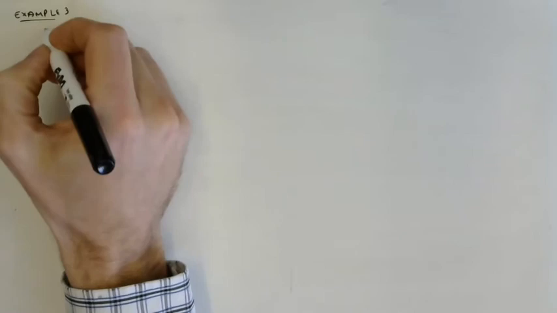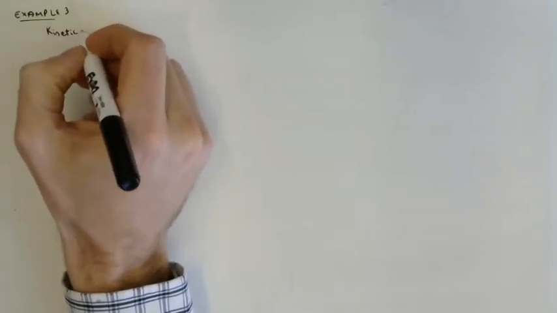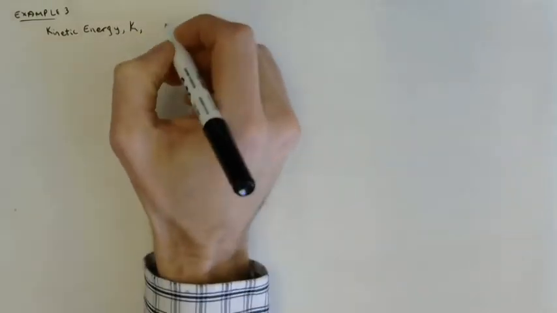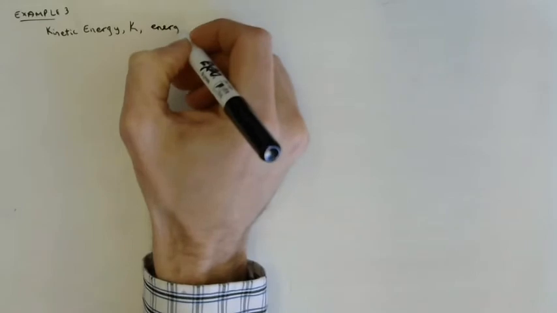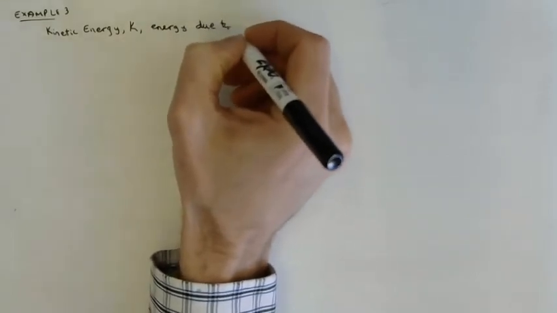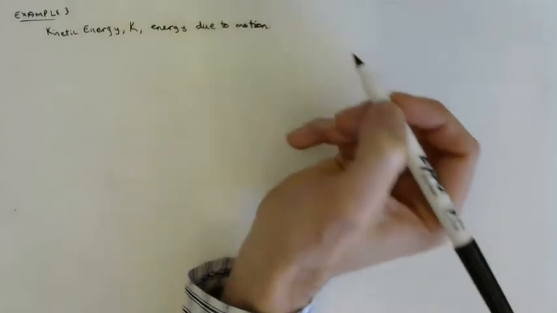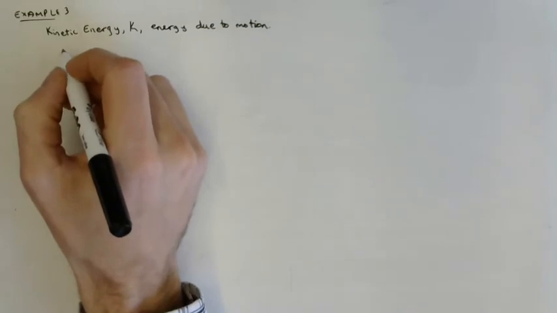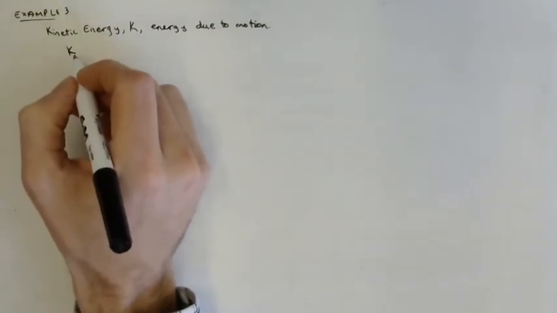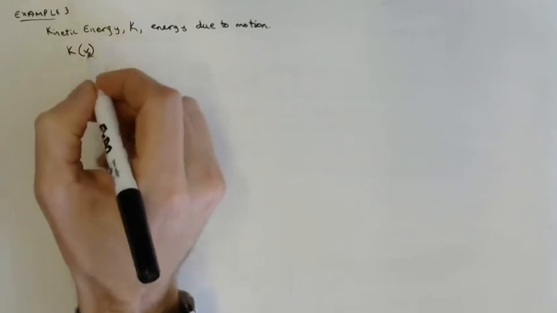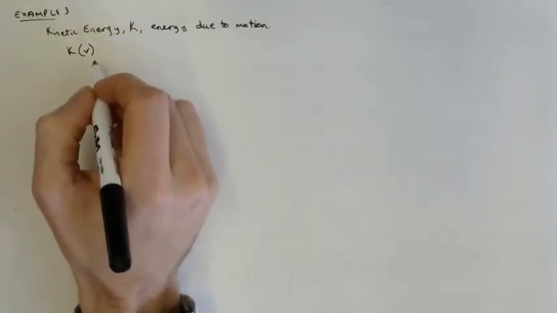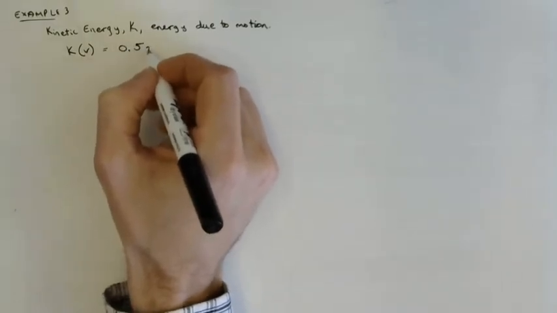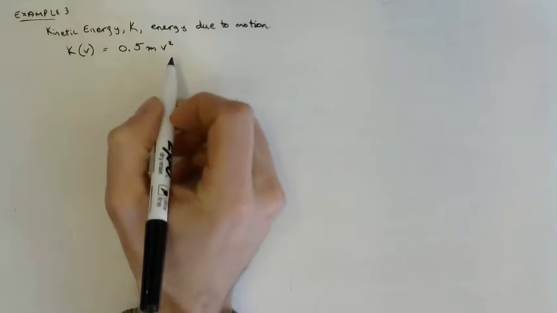So kinetic energy, denoted by capital K, is energy due to motion. When an object is moving, its kinetic energy is determined by the formula K with respect to V, where V is velocity, is equal to 0.5 mv squared.